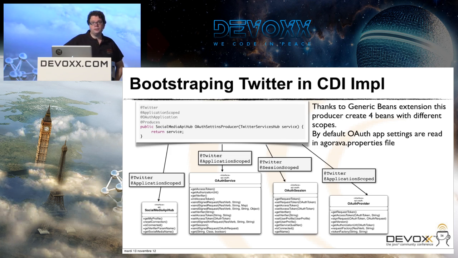The third bean will be an OAuth session bean. It will also bear the @Twitter qualifier, and this time it will be in session scope, so it will be created for each session. And the last one is the OAuth provider that will be in application scope and will bear the @Twitter qualifier.